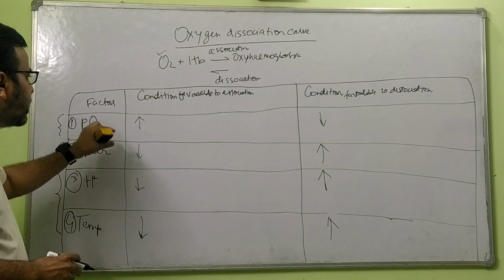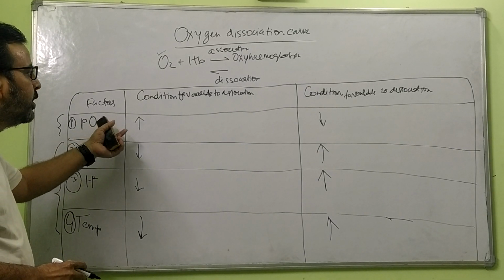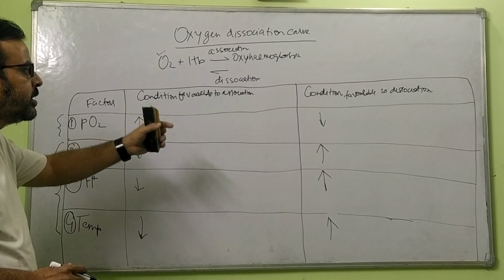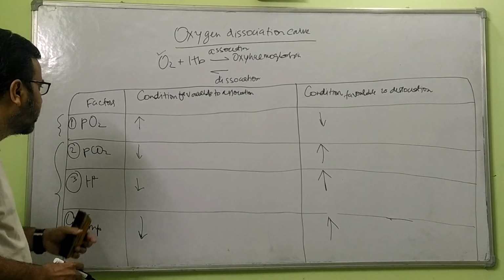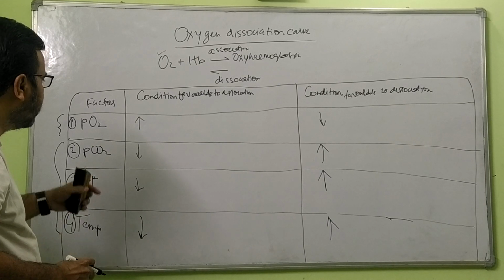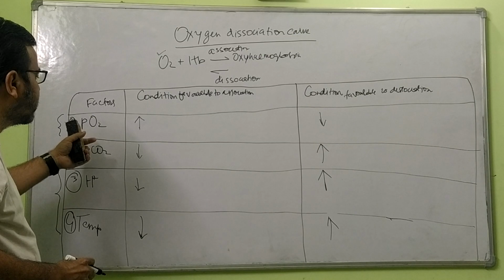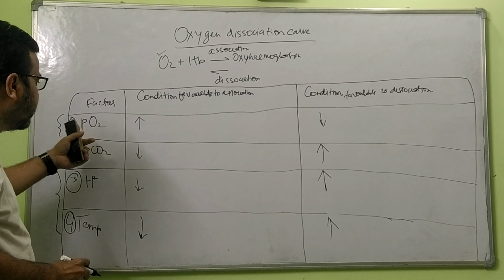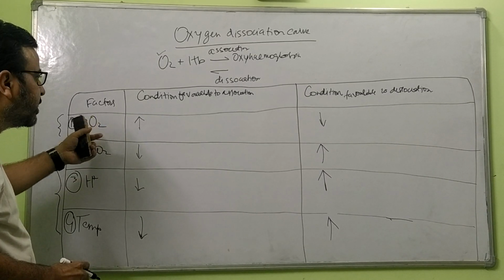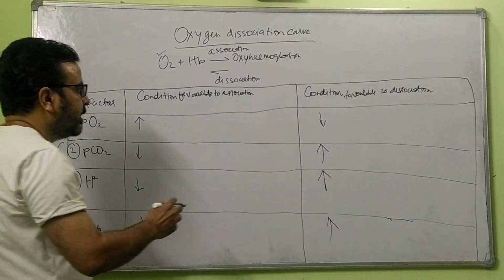So mainly we can say that increased partial pressure of O2 will lead to association, and decreased partial pressure of O2 will lead to dissociation. One another conclusion can be made from this: if the partial pressure of oxygen is decreasing, that will lead to dissociation.